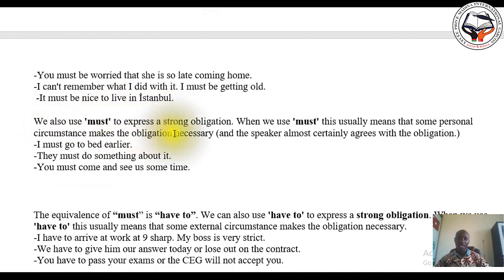Of course, we also use must to express a strong obligation. When we use must, this usually means that some personal circumstance makes the obligation necessary, and the speaker almost certainly agrees with the obligation.